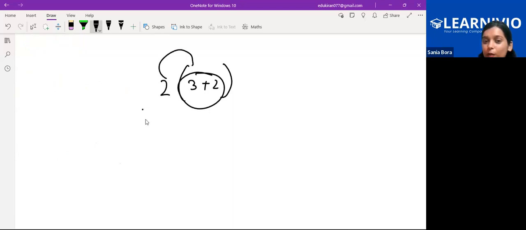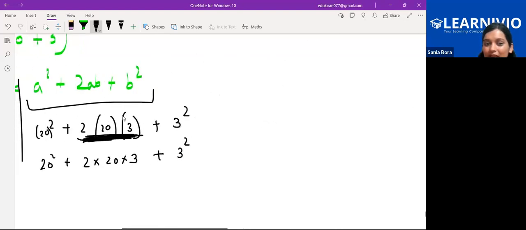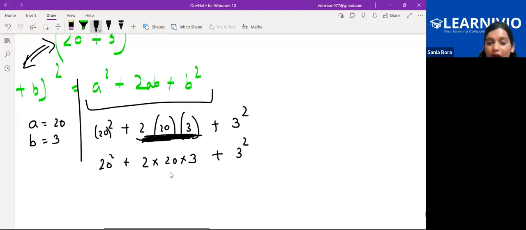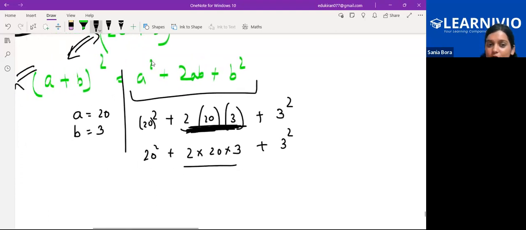Then this 2 would be multiplied to 3, then plus, then 2 multiplied by 2. Because there is a plus between them. But here there is no plus now, so they all are in multiplication. Okay. So first you will write this identity.